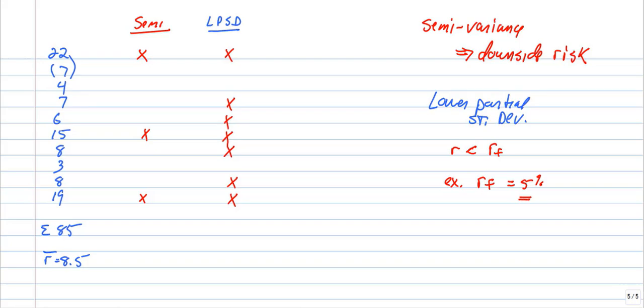Semivariance looks at only the returns that are less than the average, and then calculates a measure of risk from that. And the lower partial standard deviation doesn't look at all the returns either. It only includes and evaluates the returns that were less than the risk-free rate.